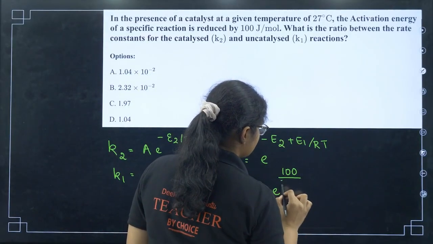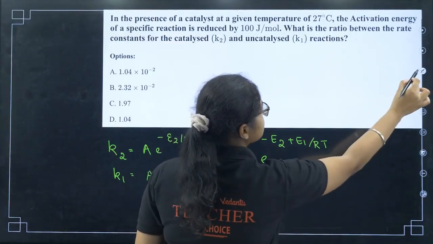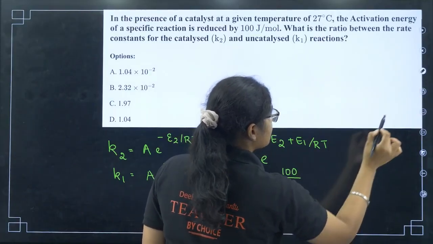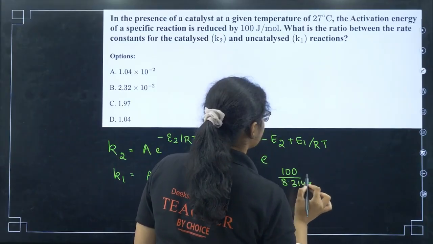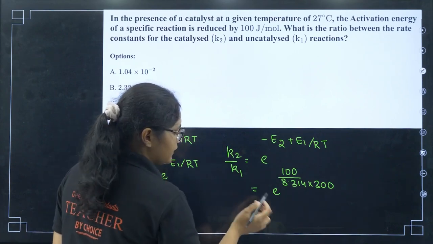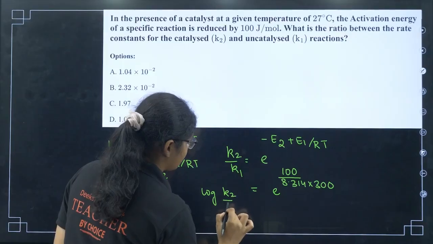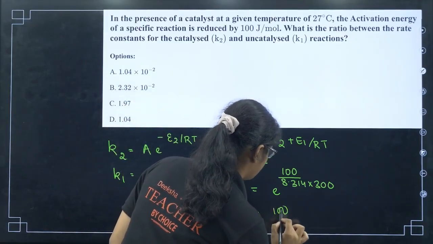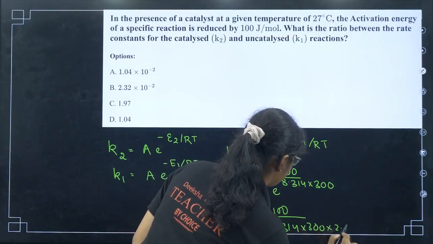R value is 8.314 and then temperature is how much? 27, so I can write it 300. Now if I convert it into log, log of K2 by K1 will become 100 divided by 8.314 into 300 into 2.303.